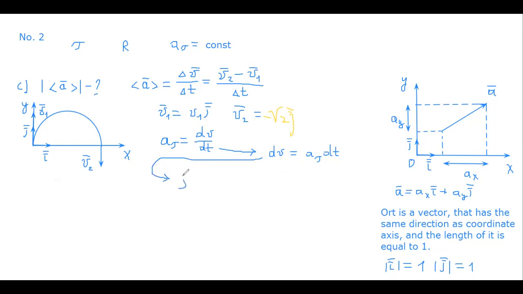So we can write like this. Integral of dv is equal to integral of a tau dt. And now we have to define integral limits.